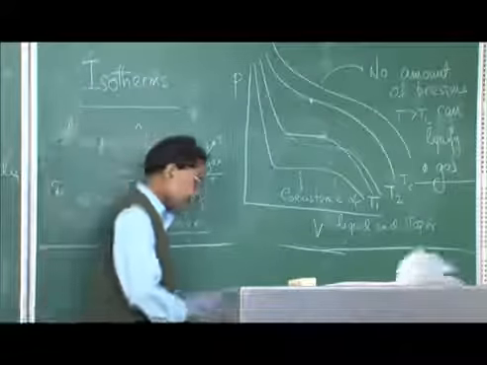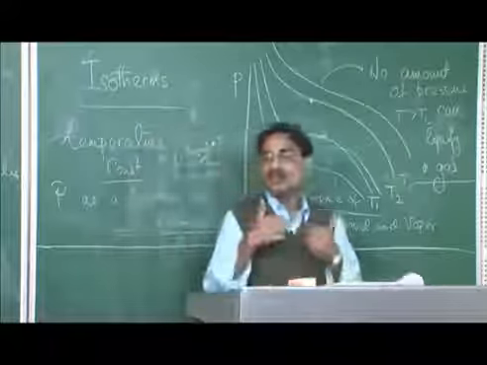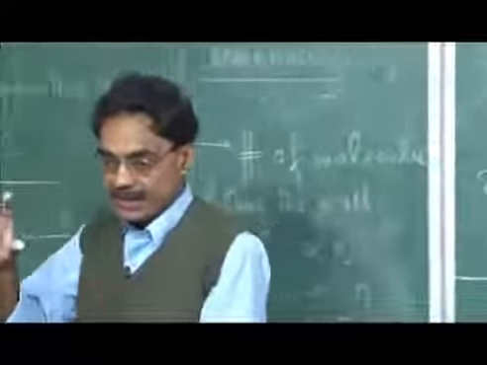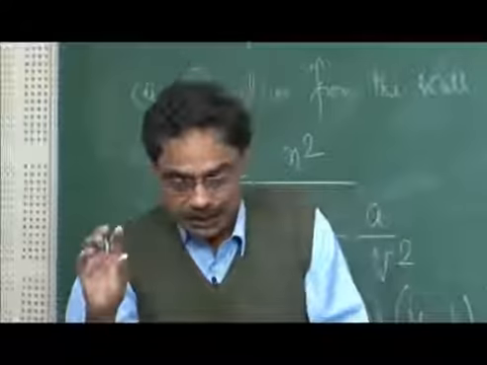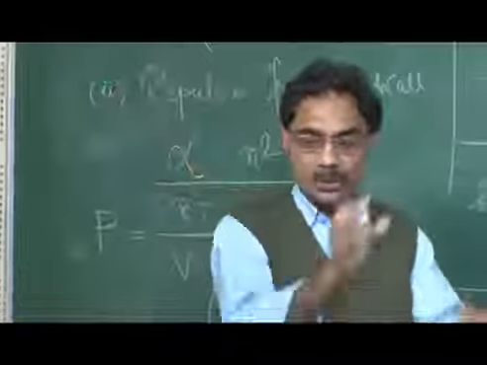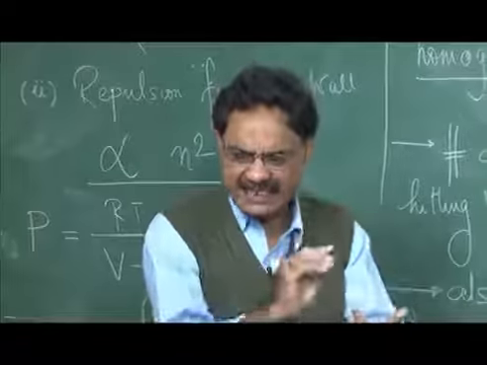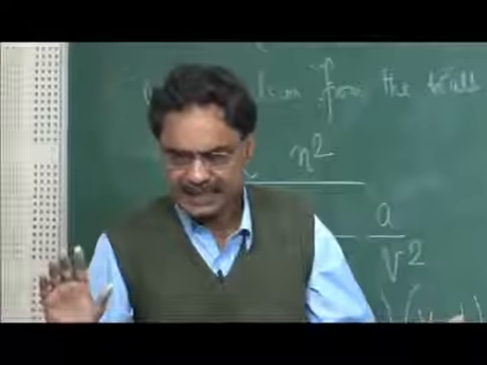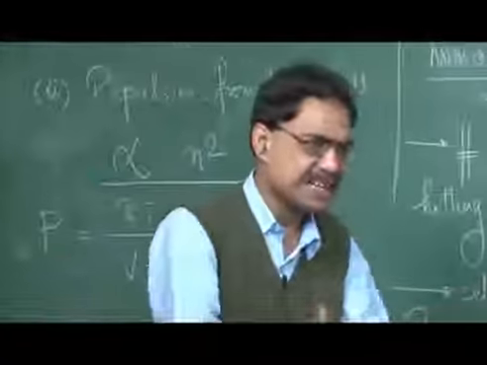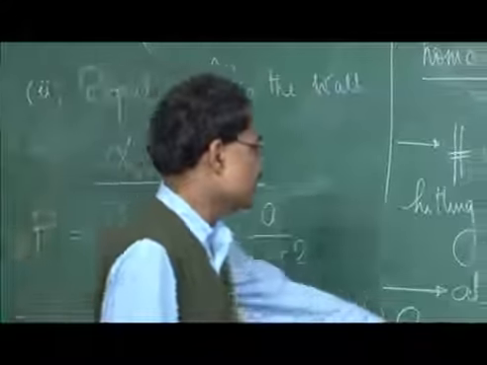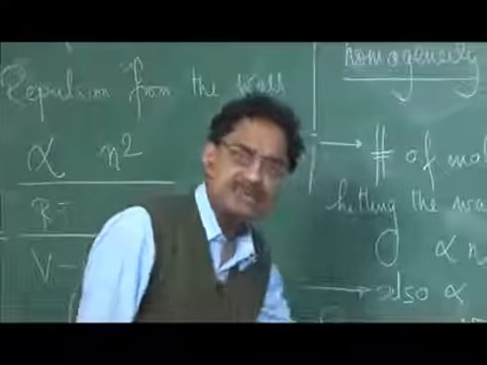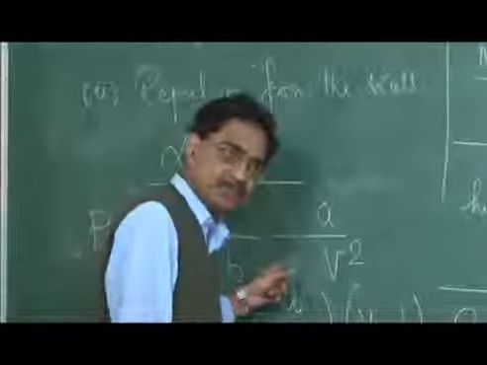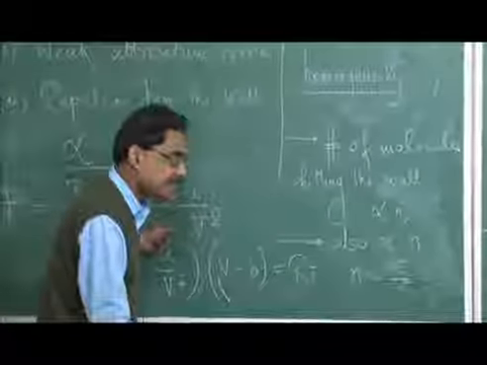So, I corrected the ideal gas equation to the van der Waals equation, taking into consideration the finite size of the molecules, which gives a correction term to the volume, and the weak attractive force between the molecules, which was otherwise completely neglected. That resulted in some interaction which is proportional to the density of the molecules, and hence there was a correction to the pressure which was not there in the ideal gas case.